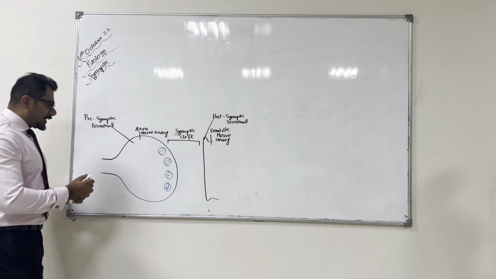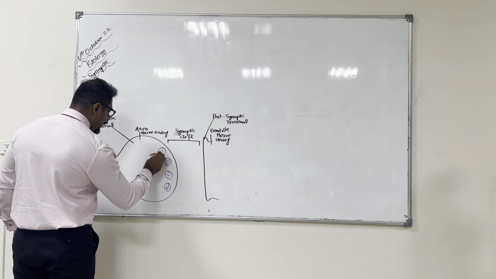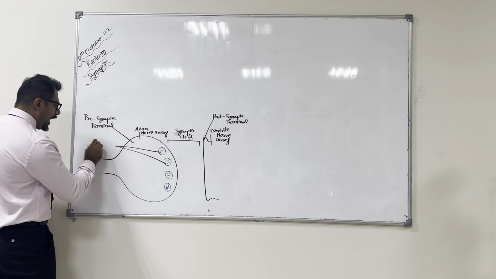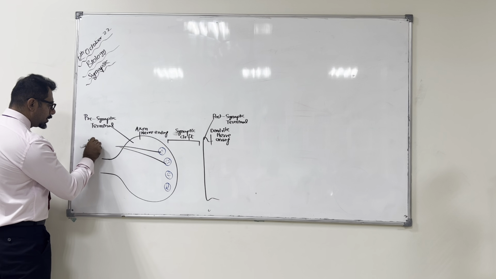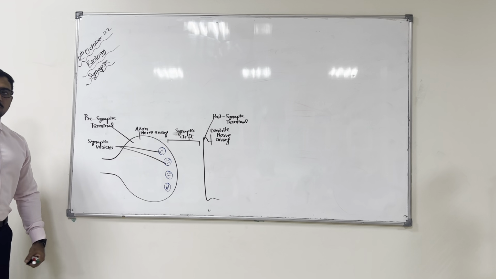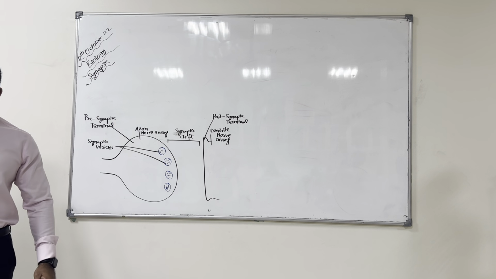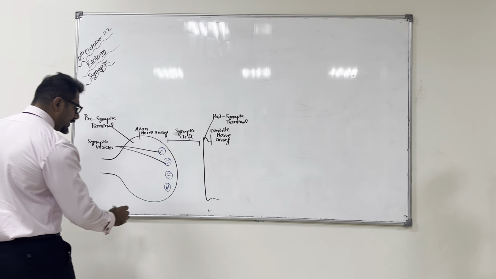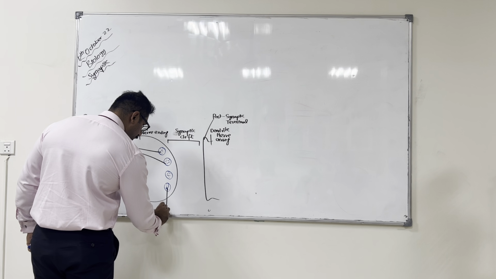Now these vesicles have their own name. These vesicles are called synaptic vesicles. What are these vesicles called? Synaptic vesicles. And in these synaptic vesicles, what are present? Neurotransmitters.